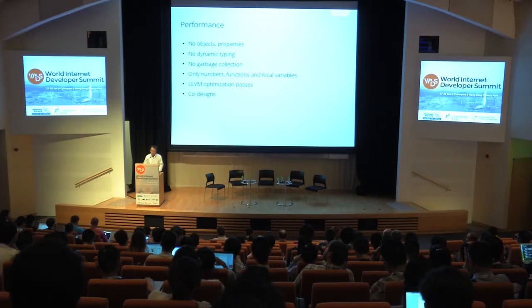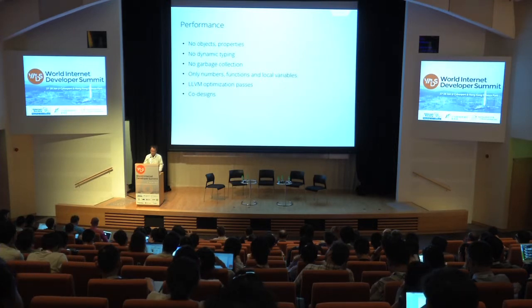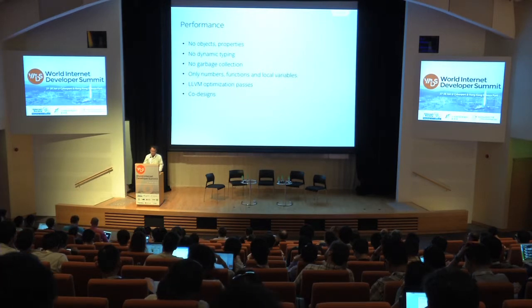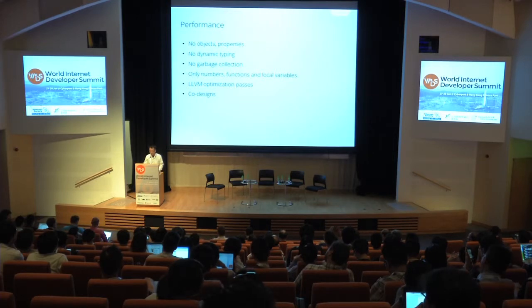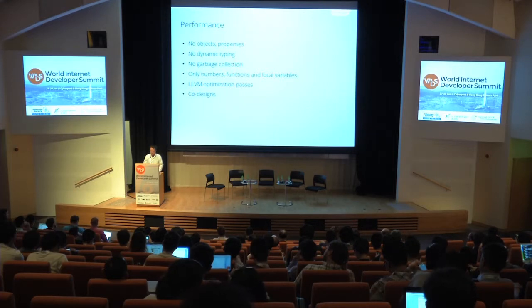Most of the garbage collection is also eliminated because there are no objects and most of the memory operations are done in the unified typed array. Emscripten doesn't use strings and arrays. It only relies on numbers, functions, and local variables. Another benefit comes from LLVM's optimization passes.